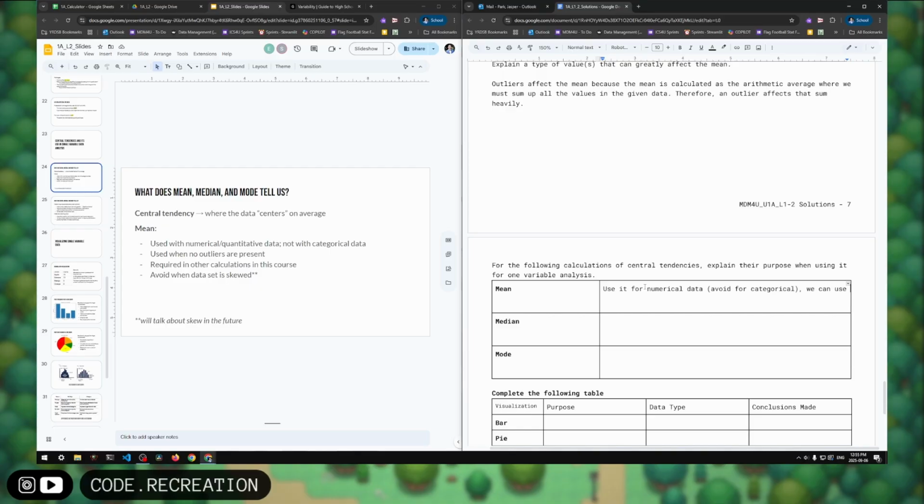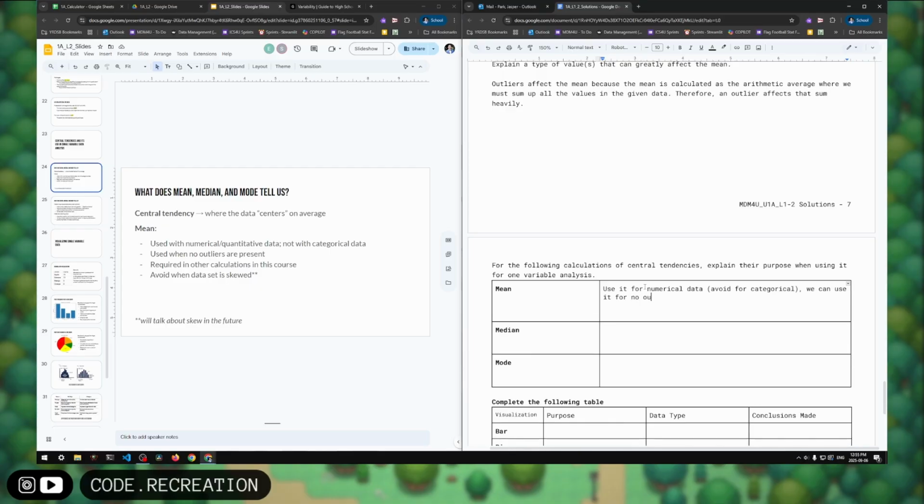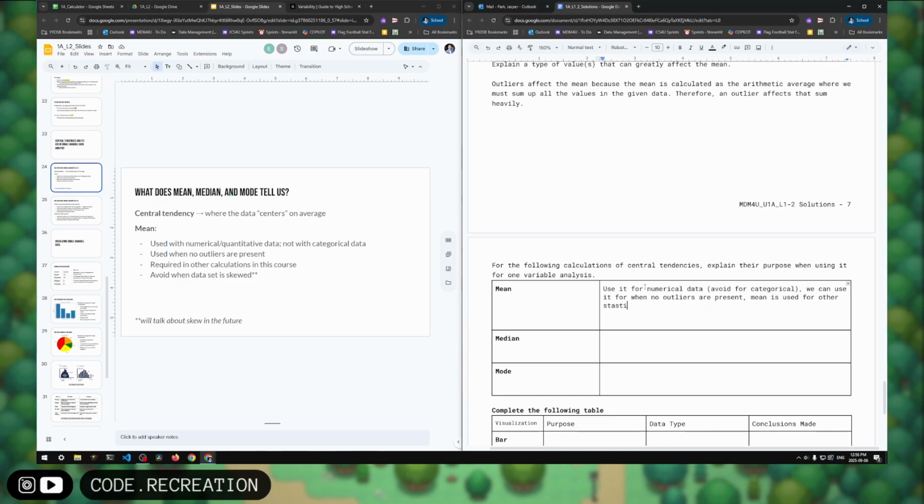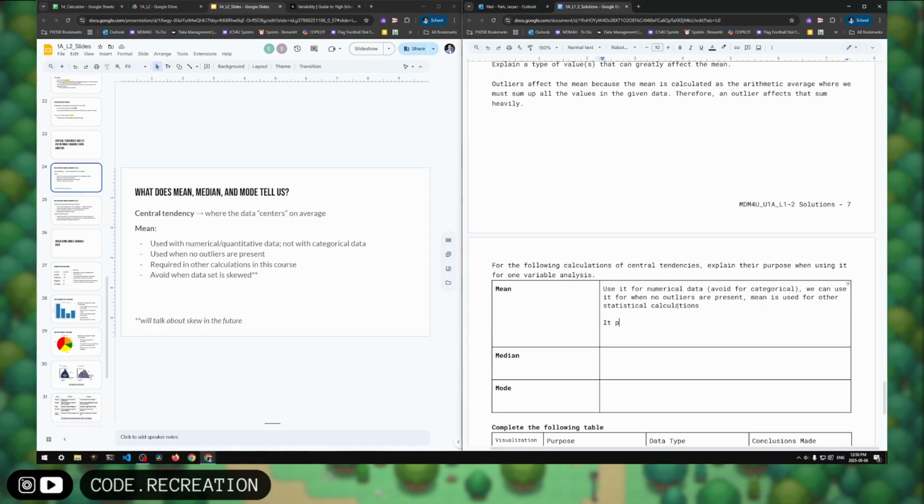We can use it when no outliers are present. The mean is used for other statistical calculations and such. It provides the arithmetic center of the data set, so that's its purpose.